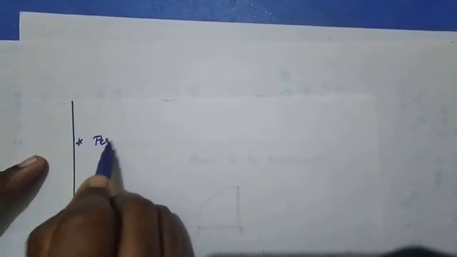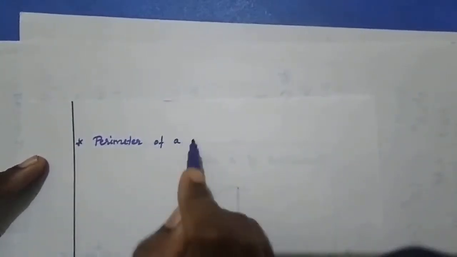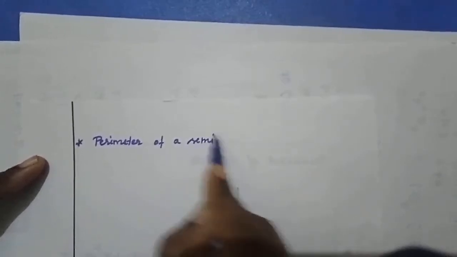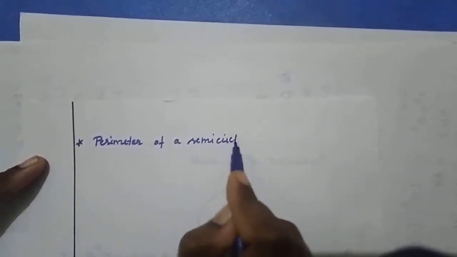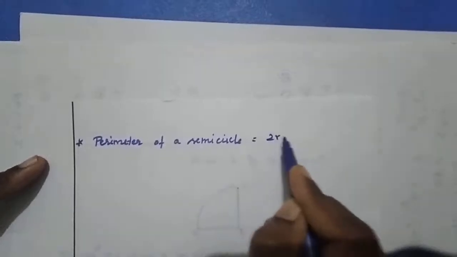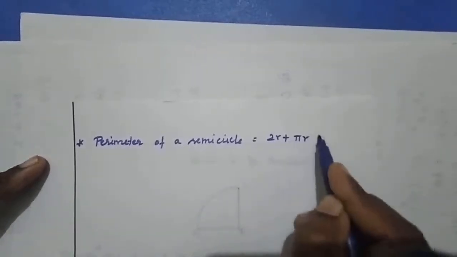Step 2, we have to find perimeter of a semicircle. So what is the formula? Yes, 2r plus pi r units.